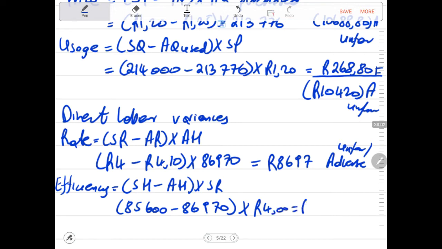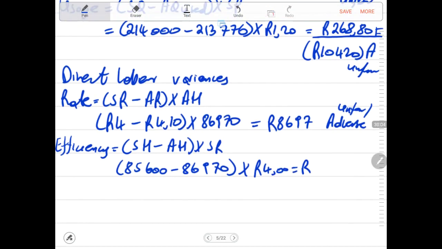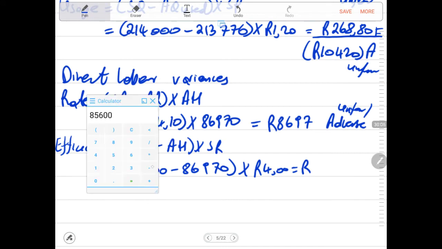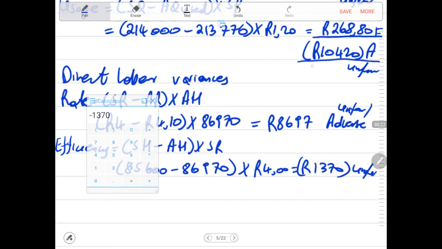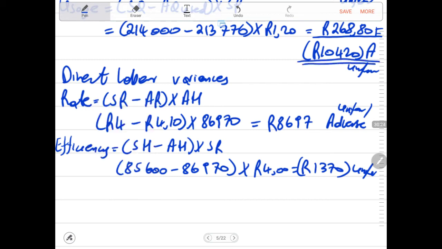So now we can see that this variance will be unfavorable because employees spend more time than they're supposed to have done so. 1,370 is an unfavorable variance. It's very unfavorable, this variance.